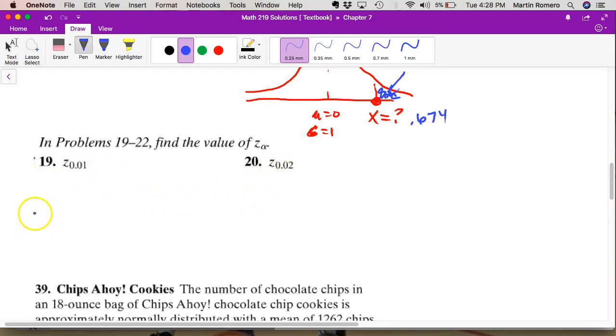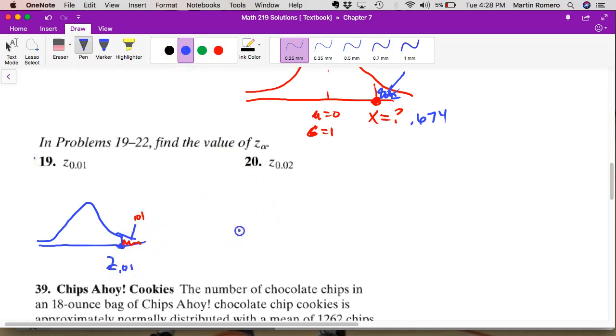What we're looking for is the z value where the area in the curve is 0.01, in this little spot right here. So what's this z value?